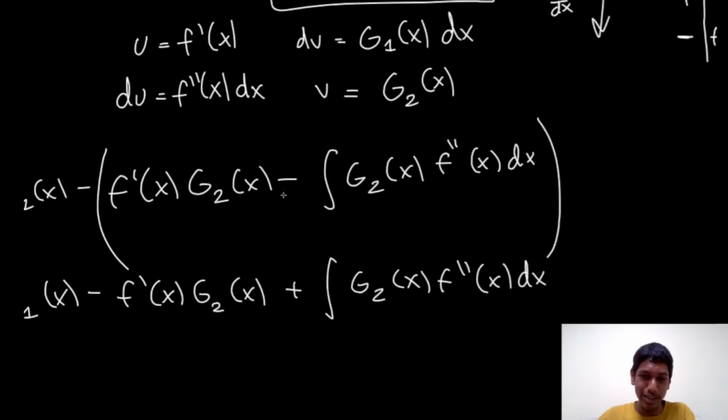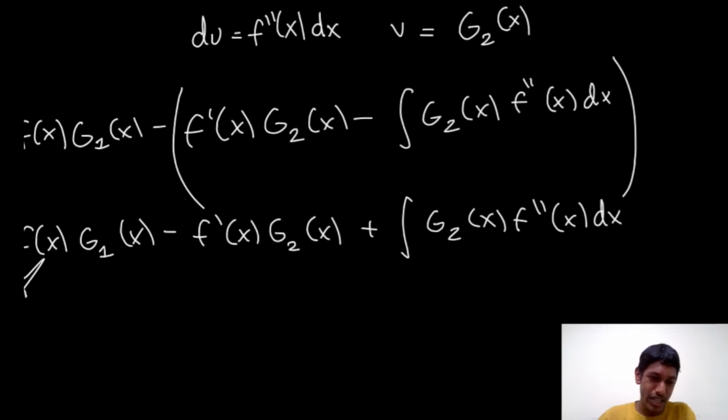And at this point, we have a similar pattern where f wasn't differentiated at all, so differentiated 0 times, but g was integrated 1 time. But then over here, f was differentiated once, and g was integrated twice.